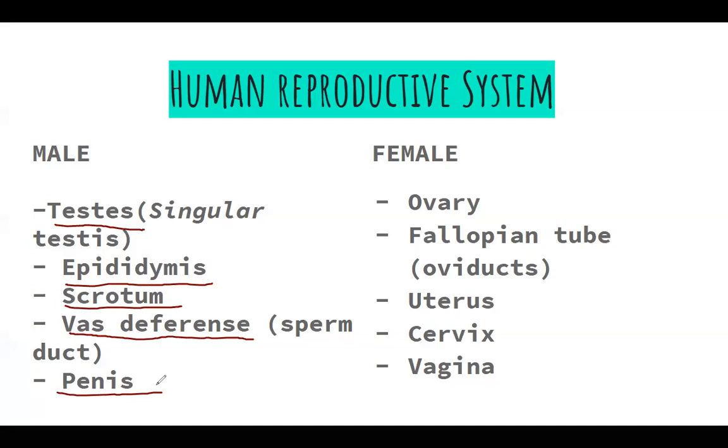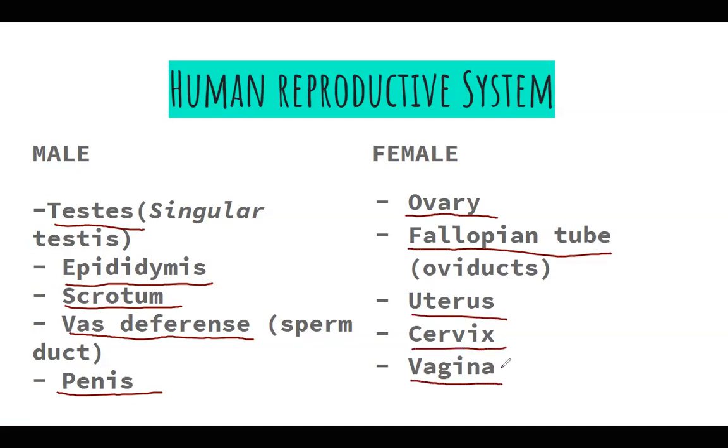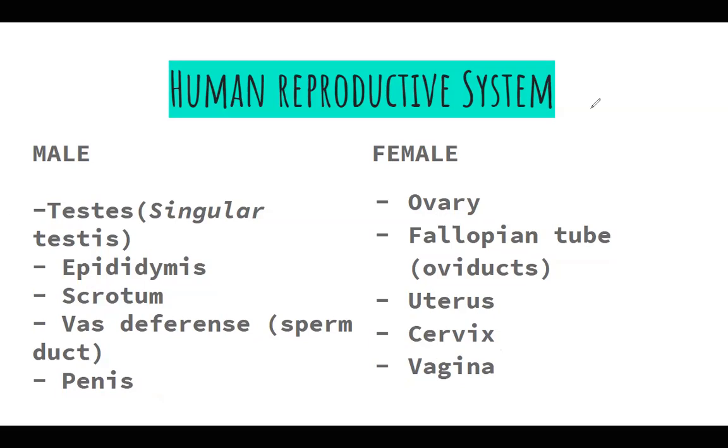The female reproductive organs are ovary, fallopian tube, uterus, cervix, and vagina. So let's talk about the functions of each structure.